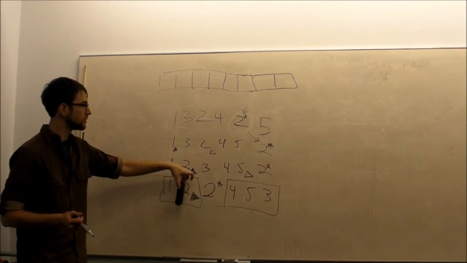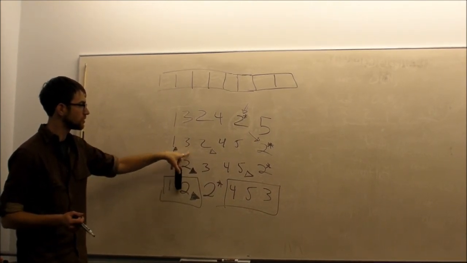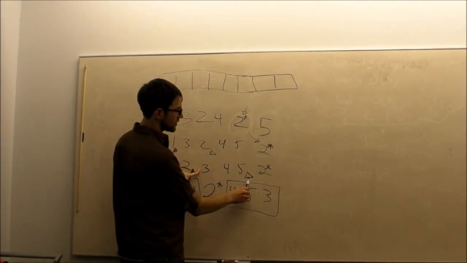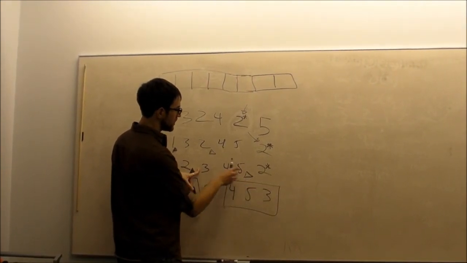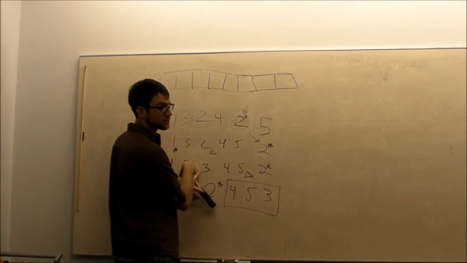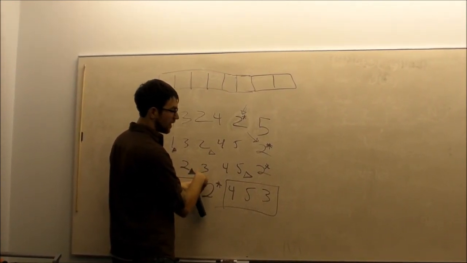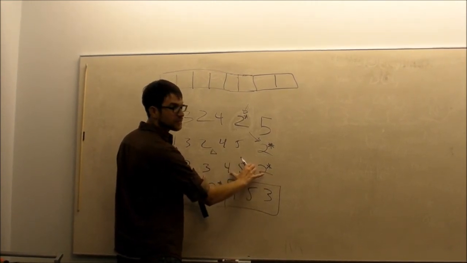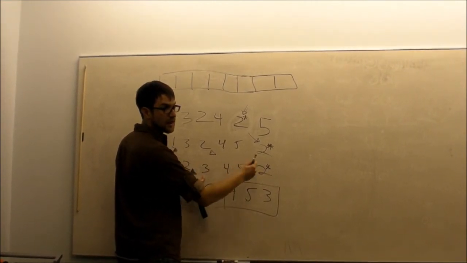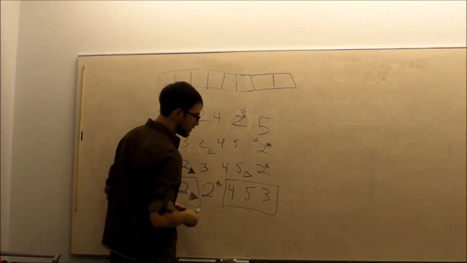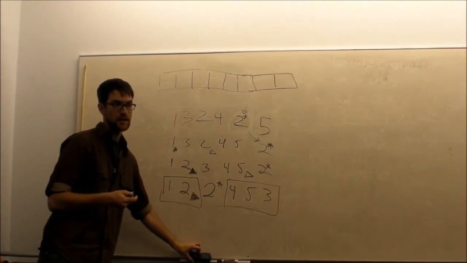So the filled marker moved, we swapped the 2 into that position, which meant the 3 needed to move over here. When it got filled up at the end here, we knew that this 2 needed to go just to the right of the filled marker. So we moved the filled marker over here. And rather than kind of copying this list and pasting it over, which involves copying every element of the array, you just do swaps. And the fact that you just do swaps is what makes this algorithm good.